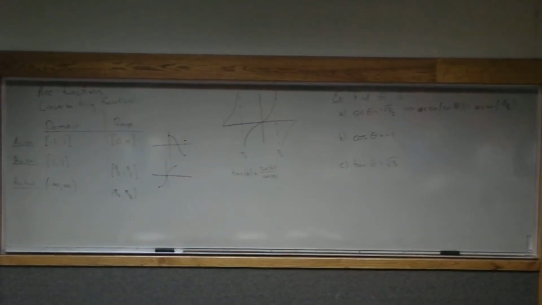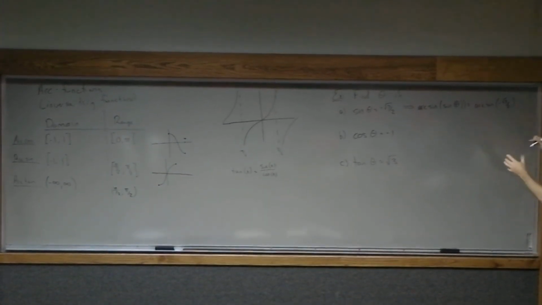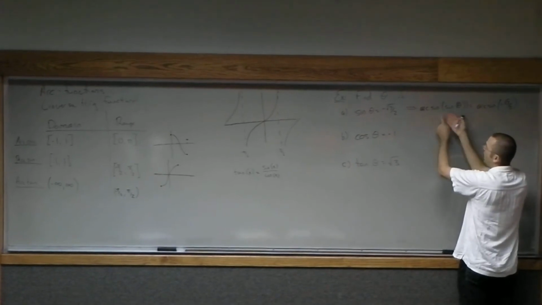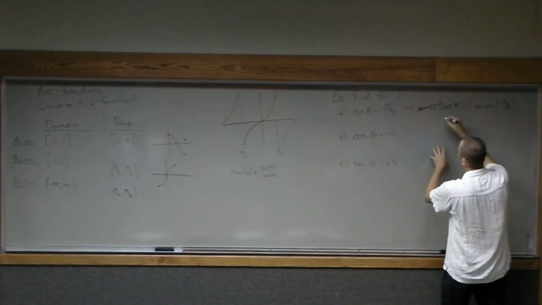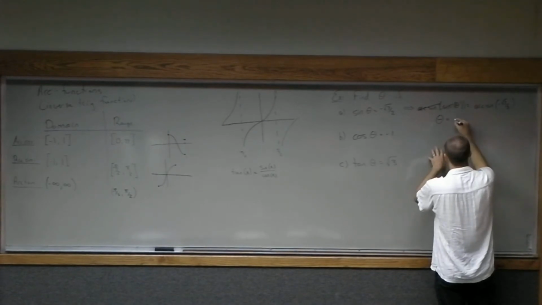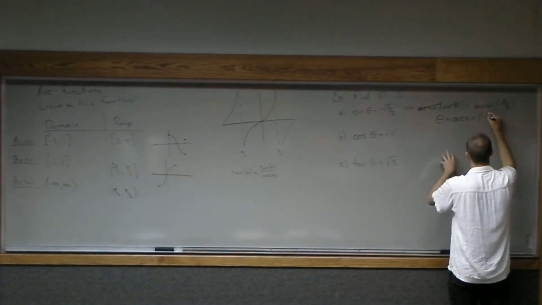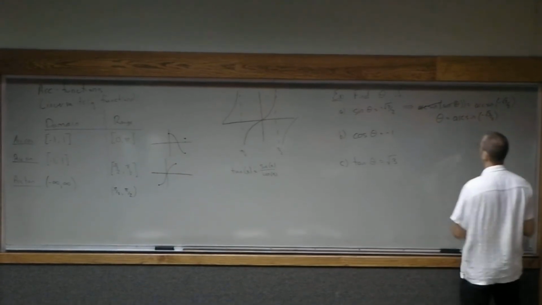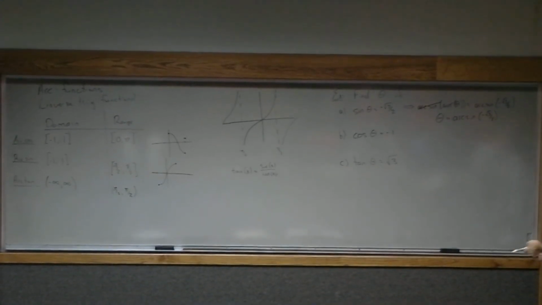Now, arc sine and sine are inverses of each other. So when I compose them like this, what happens? They annihilate each other. They kill each other off. On the left-hand side, we're left with a theta. On the right-hand side, we're left with an expression that we need to evaluate. Okay? We can do the same thing for the other one.